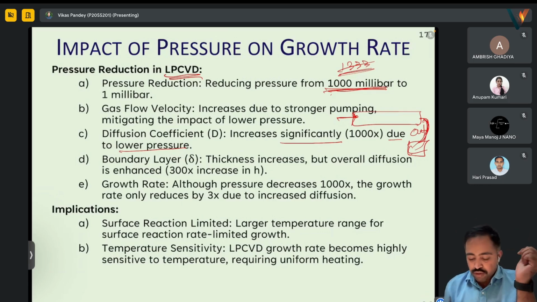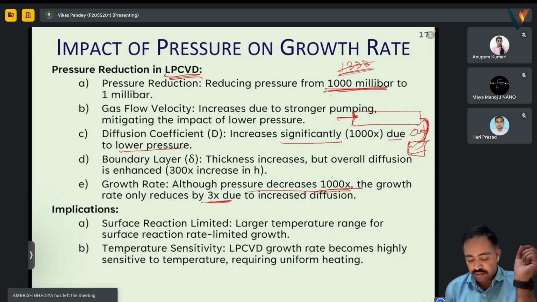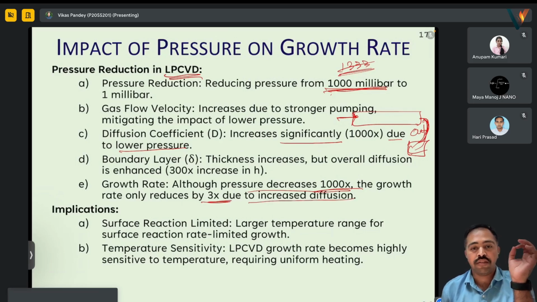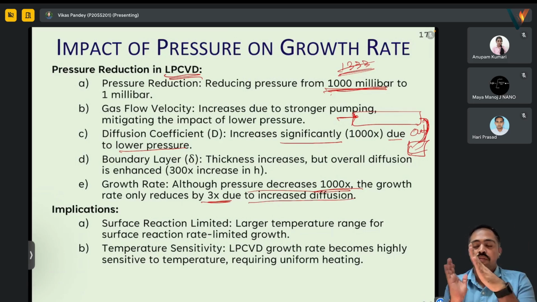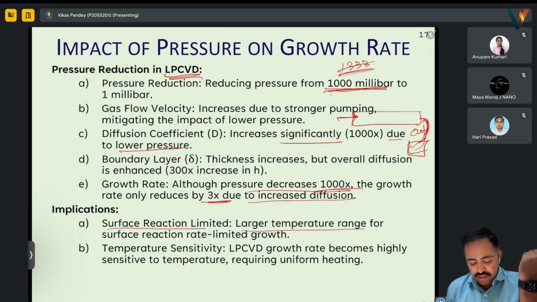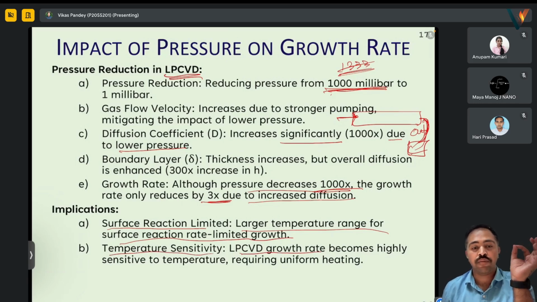So although the pressure decreases 1000 times, the growth rate only increases by 3x or so, because one is cancelling out the effect of the other. As such, in case of LPCVD, a larger temperature range for surface reaction rate limited growth is required. For the temperature sensitivity, LPCVD growth rate becomes highly sensitive to temperature, requiring uniform heating.